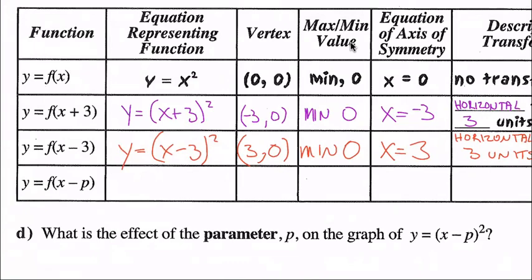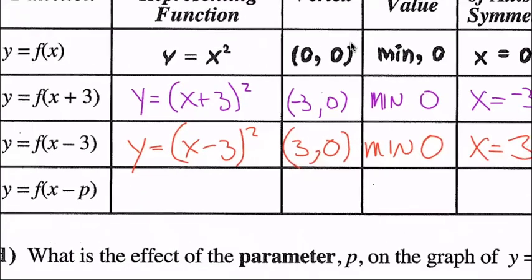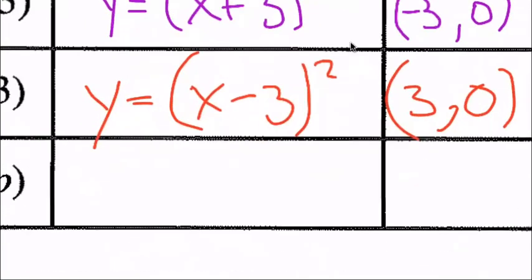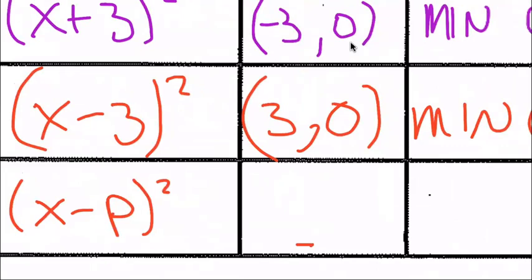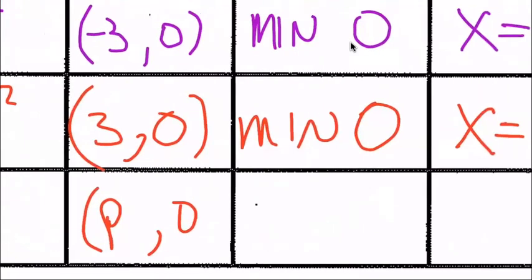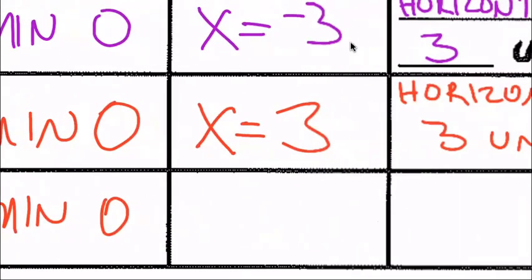And then we can use the p, right? So if f of x minus p, this would be y equals (x minus p) squared. We would have a vertex of (p, 0). We would have a minimum of 0. We have an axis of symmetry equal to p.